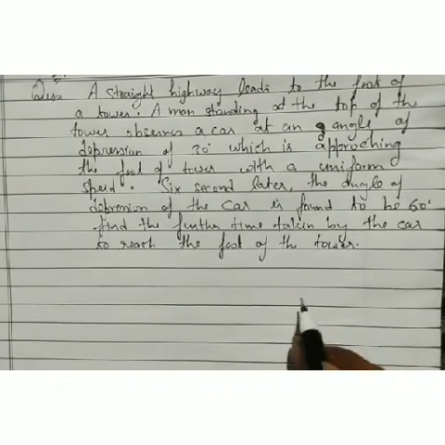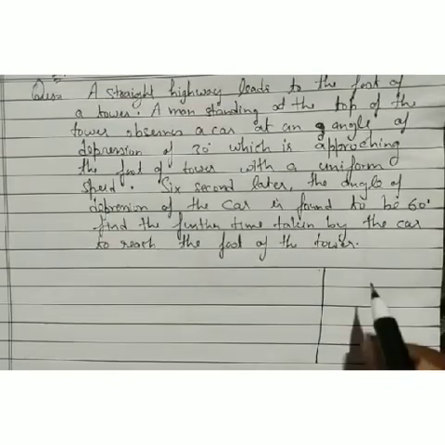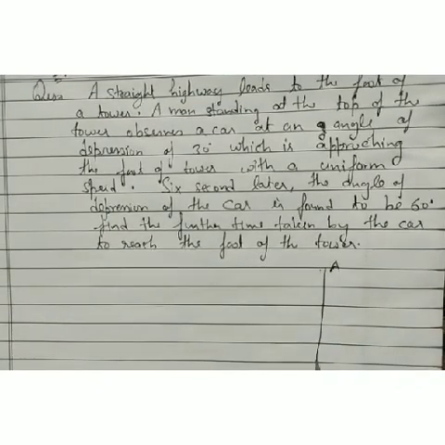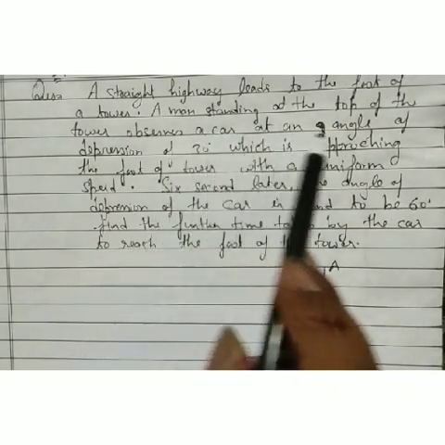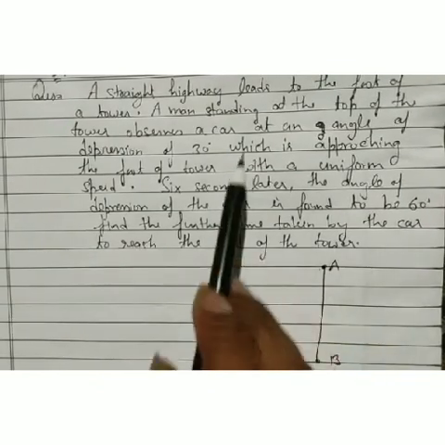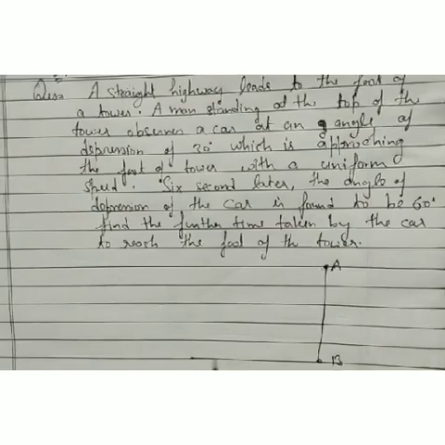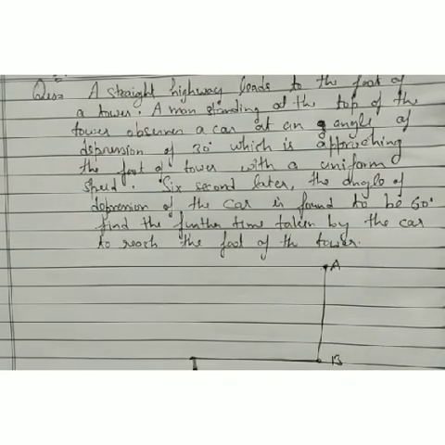Let's suppose AB represents the tower. The man is standing here at the top and observes from here a car at an angle of depression of 30 degree, which is approaching the foot of the tower. Suppose this is our road BC, and he observed the car at the point C.